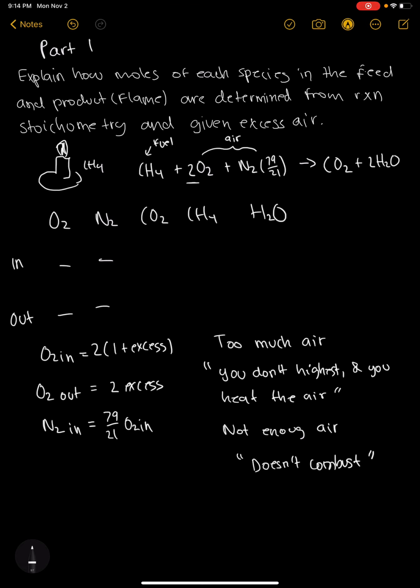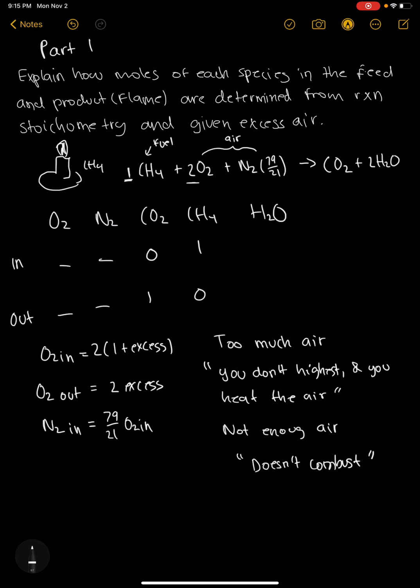And for the CO2, that's going to be our product. So initially we have 0. And then going out, when we use 1 mole of methane, we get 1 mole of CO2. For the CH4, we start out with 1 mole, and in the end, for this reaction, we use up all the CH4, so 0.